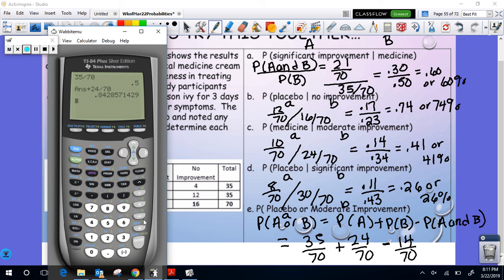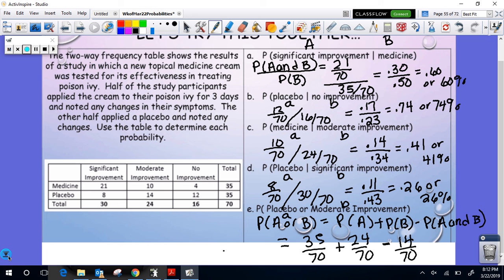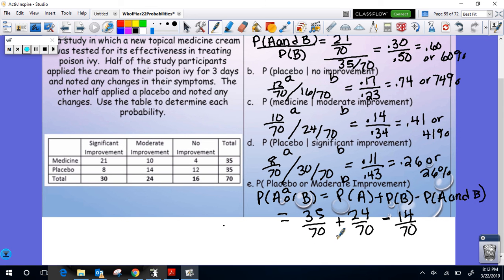That equals, and then minus 14 divided by 70. You can always use your fraction key; I'm just being lazy and not using mine right now. And this equals 0.64 or 64%.